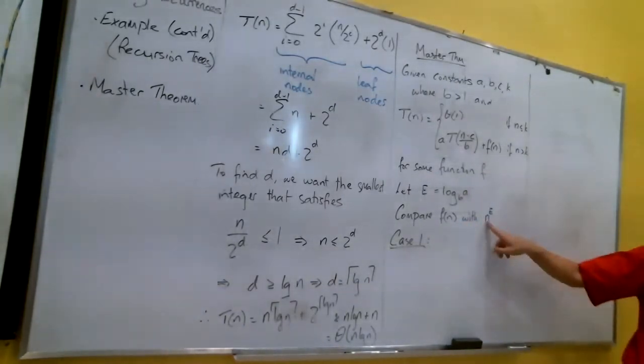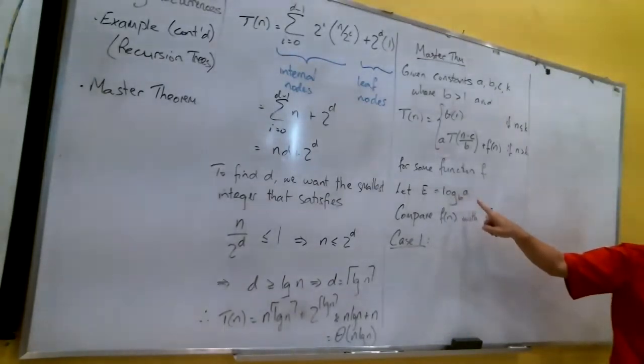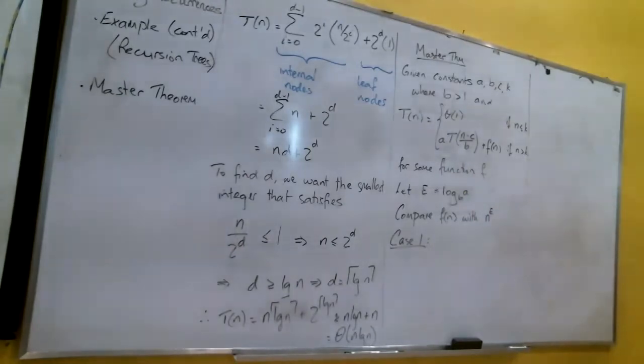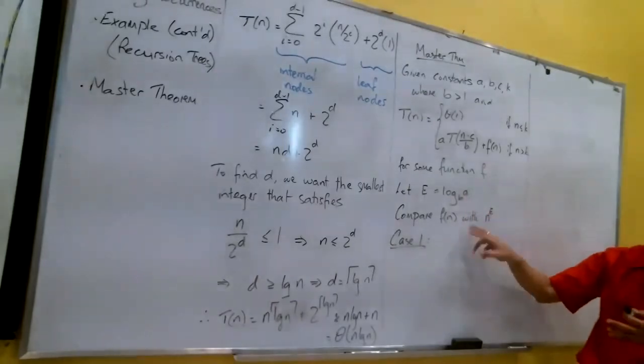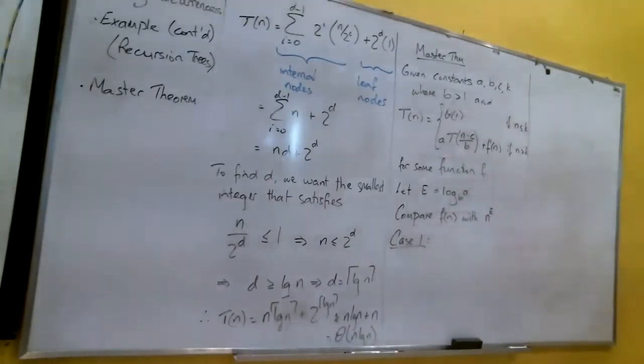So why is this exactly the work being done at the leaf level? Well, look at what this is. This is n to the log A base B, right? Which you know by your little rules for logs is the same as A to the log n base B. So, remember that.